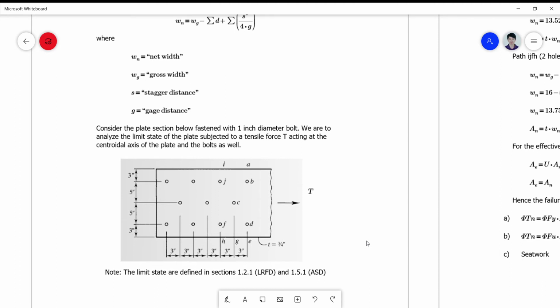We now continue discussing some concepts on tension members.